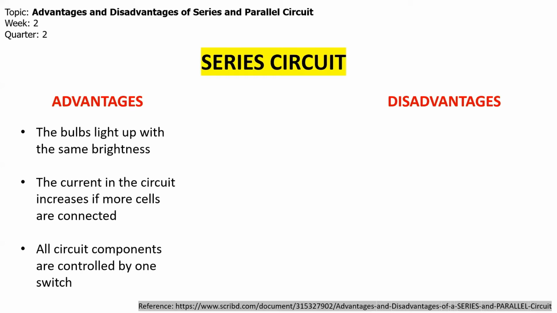The current in the circuit increases if more cells are connected. Then the last advantage is all circuit components are controlled by one switch. If you are afraid of the dark, then use a series circuit: one switch, and all the bulbs light up.